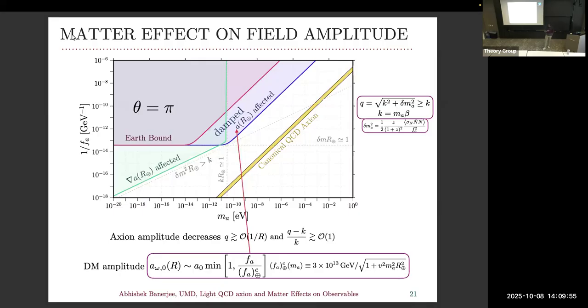Not everywhere. As a function of position, it could be flipped here, it could be not flipped in empty space, but flipped maybe deep inside Earth.